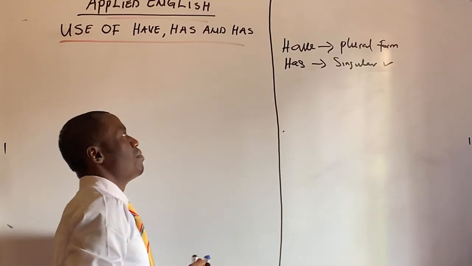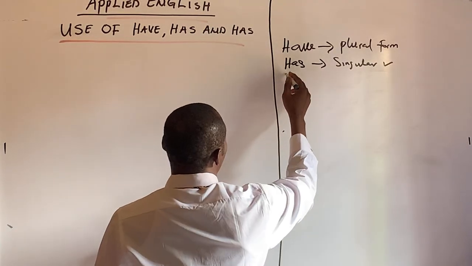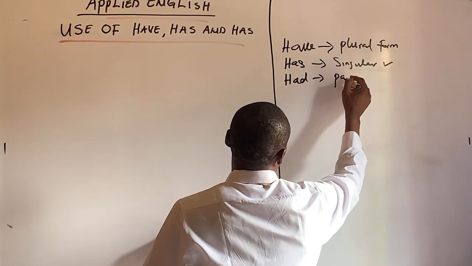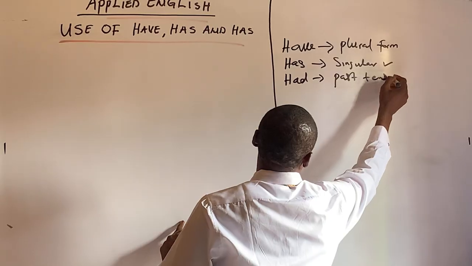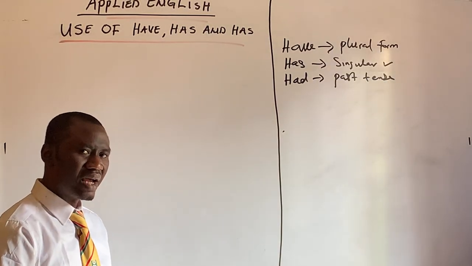of the verb have, has, and had. Then had is the past tense. That's the past tense of have and has. I'll take that again.